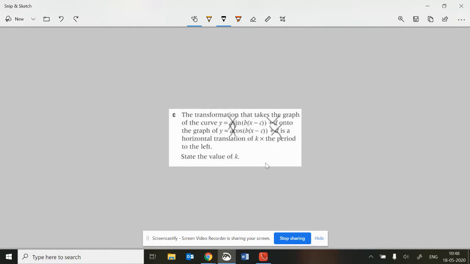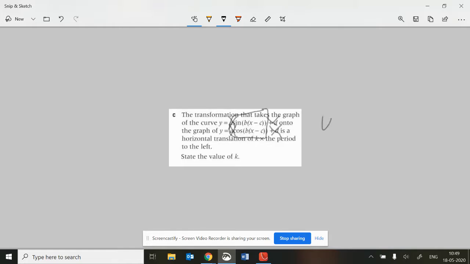We don't need to consider those because those are only affecting the vertical direction. So it doesn't matter if you're scaling this whole thing up by a factor of 2 in the vertical direction, that will not affect the horizontal transformations. So we're only really interested in what's happening inside.